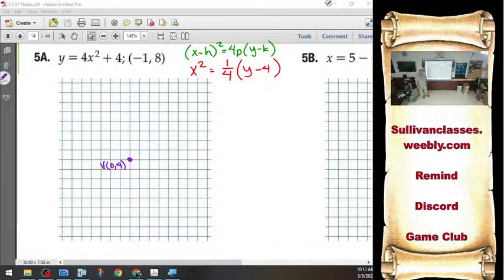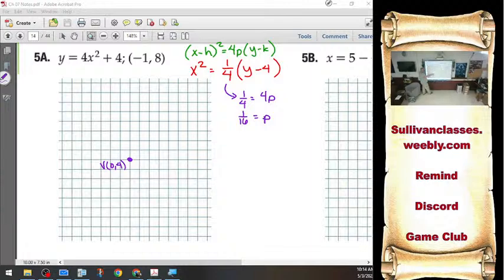Because this is my 4p value, which means divide both sides by 4, p is 1/16. I need to go north of this point. How do I know it's opening upward? X is squared, so it's vertical, positive 4p value. So I need to go 1/16 north of that point.